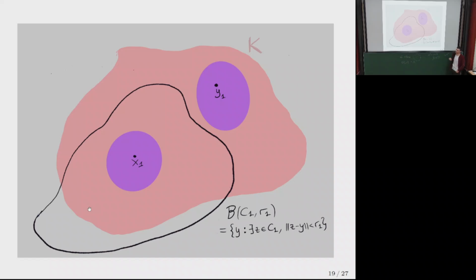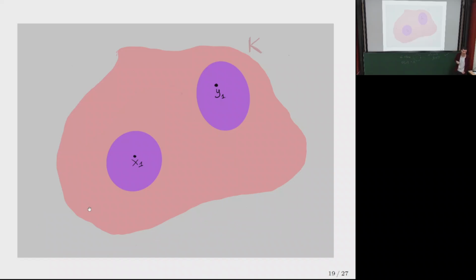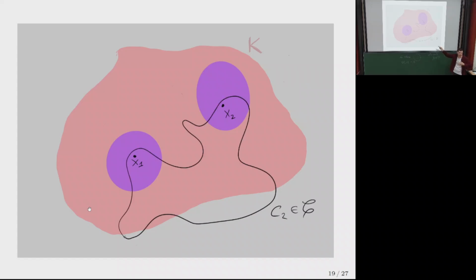Okay, so now back to the fact that X is dense. X is dense, so in this second open set outside, there's also going to be a point that's in X. But then, you remember this notion of upward directed, right? So there's going to be a second closed set, C2, that contains both X1 and X2. But now you use the fact that X is co-dense.